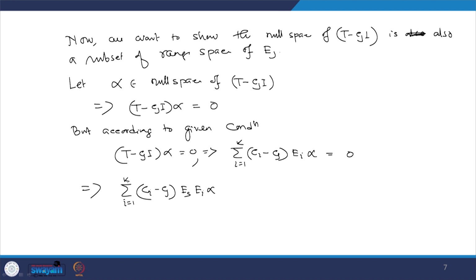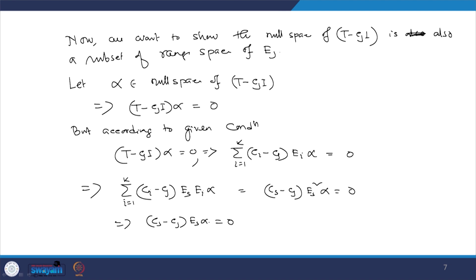So, this will be equal to, again I can say, (Cs minus Cj) Es squared alpha equal to 0, because Es Ei equal to 0 when i not equal to s. So, this implies that I will have this type of relation, please. So, this implies (Cs minus Cj) Es alpha equal to 0.